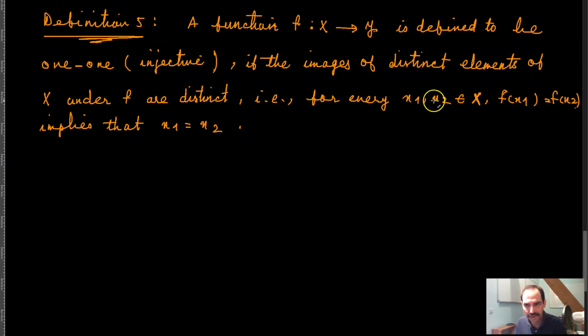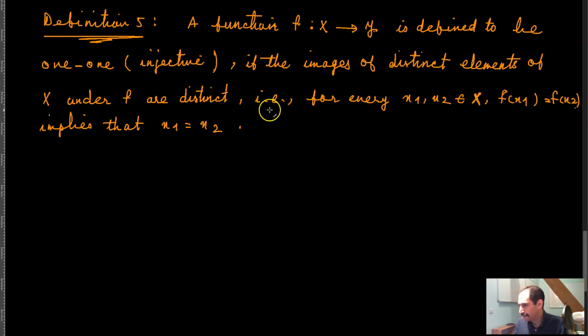That is, for every x1, x2 belonging to x, f of x1 equal to f of x2 implies that x1 is equal to x2, meaning that the only way that can happen is if x1 and x2 are the same elements.